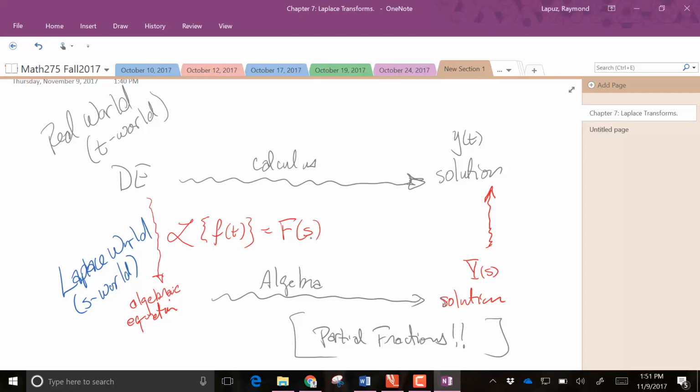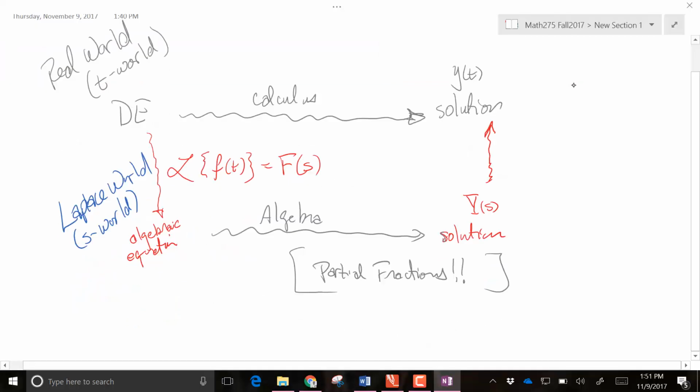And then, of course, you want to be able to go back. So we're going to do an inverse Laplace transform to transform back. What we would normally transform here would be a solution that we found in S, and then make that into the y of t.